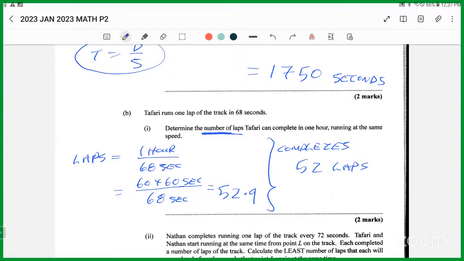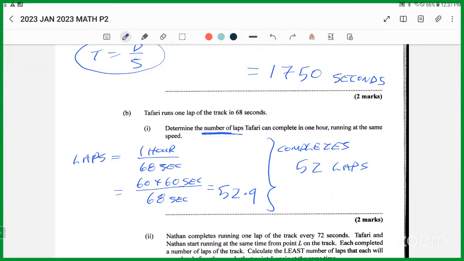Convert this. No matter if you convert this into minutes. If you divide that by 60 and put minutes, good. If you divide it by 60 and put hours, good. Once you put the unit, you go. When you work it out in seconds, you say seconds.